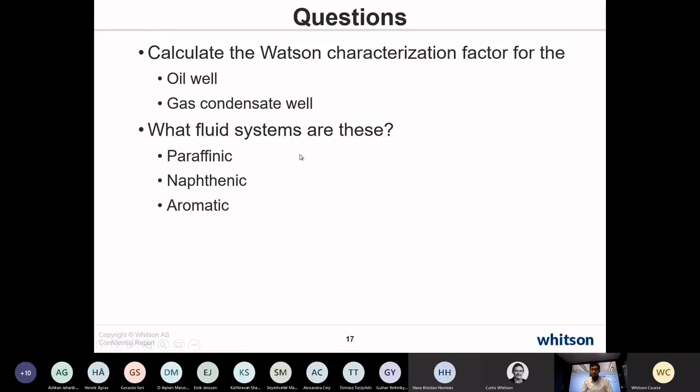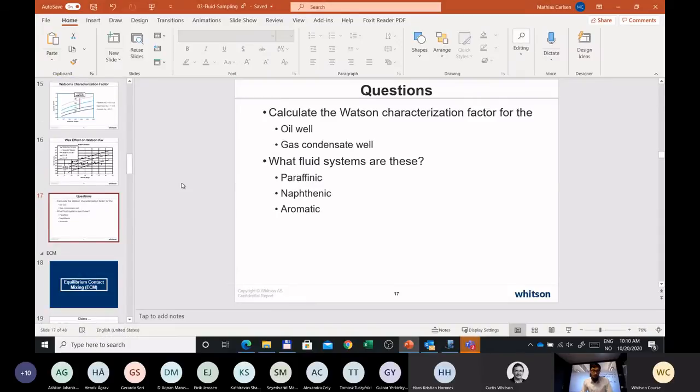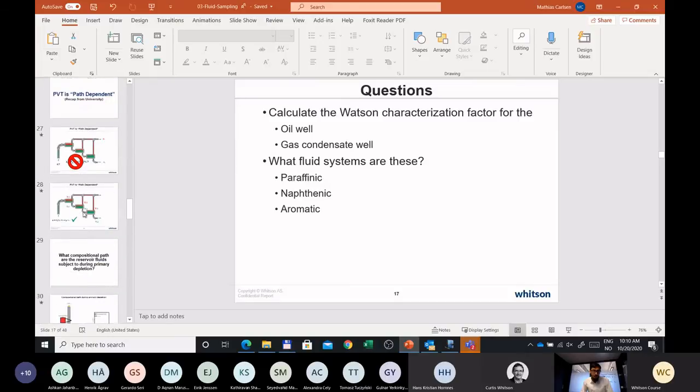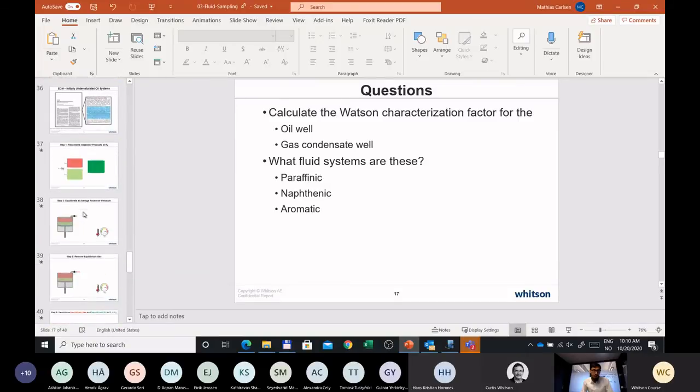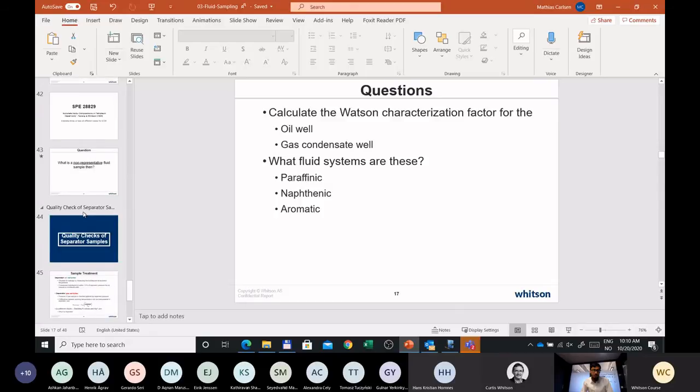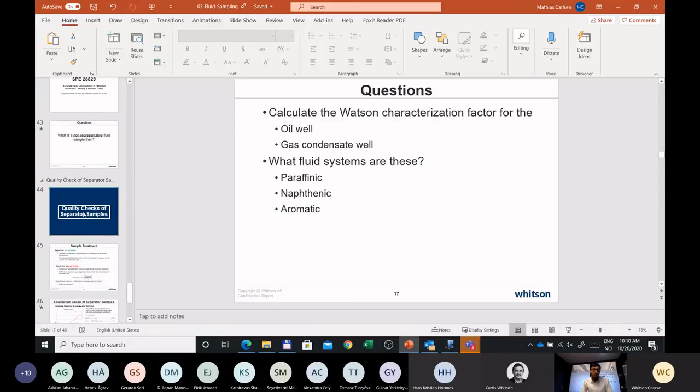is also due, and we are also supposed to do that exercise, and as I said earlier, we will do the flash calculation exercise after finishing the fluid sampling topic. So I will just go through a small topic just to introduce you guys on the equilibrium check of the separator samples.